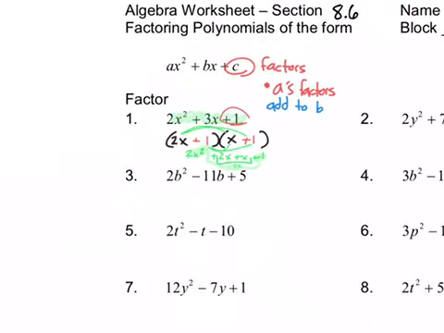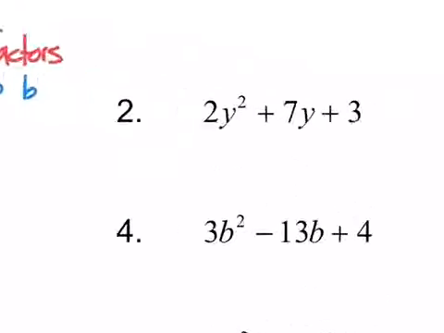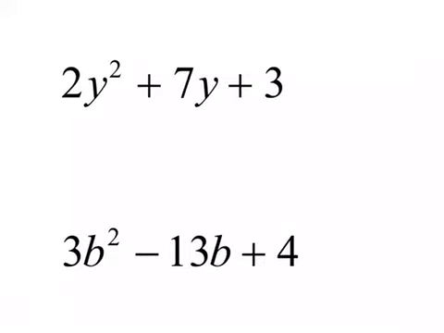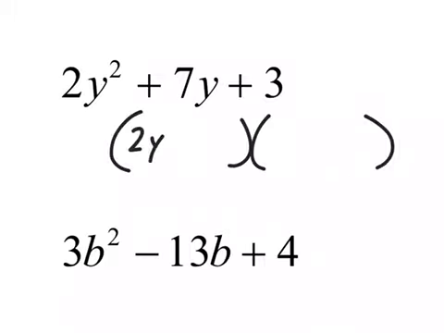Now, let's just look at several more of these to kind of get used to it. On this one, the only way to get 2y squared is going to be 2y and y. And then I see I'm looking for factors of a 3.